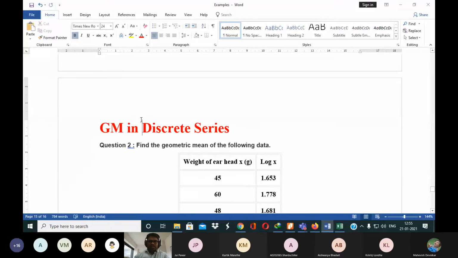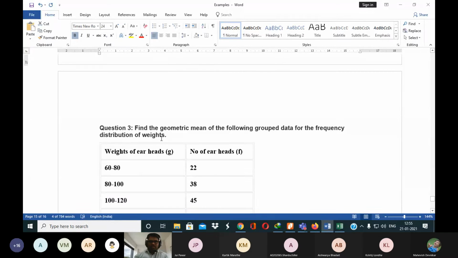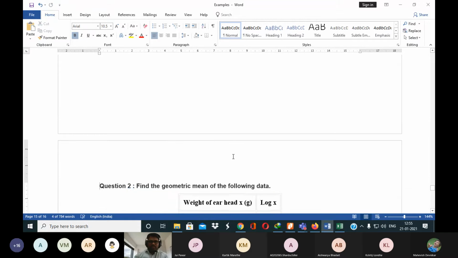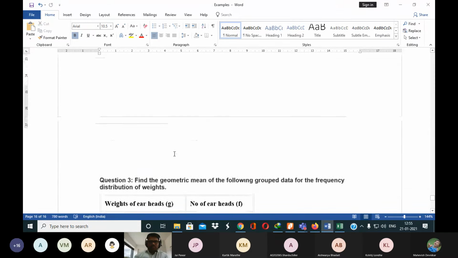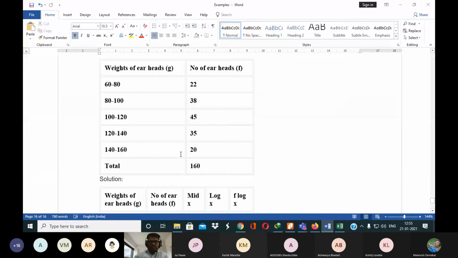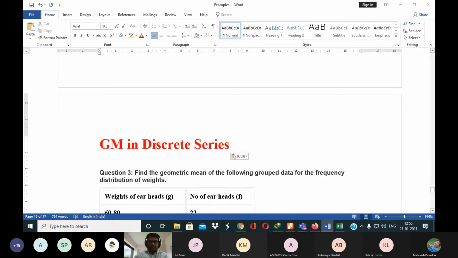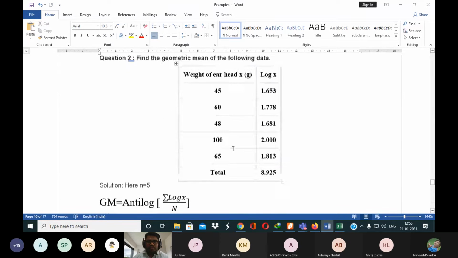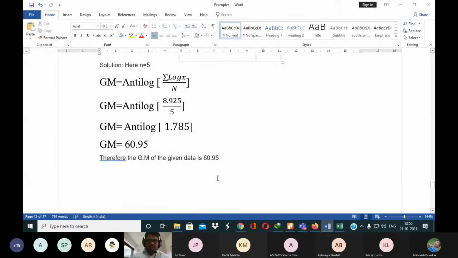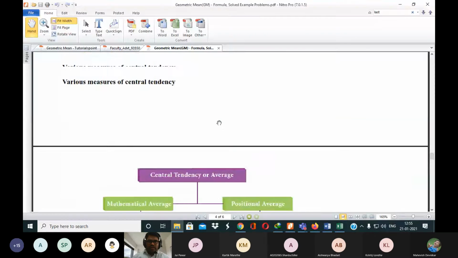I think I missed some data here. Anyway, if you want to calculate the geometric mean in a discrete series, you can just refer to this.